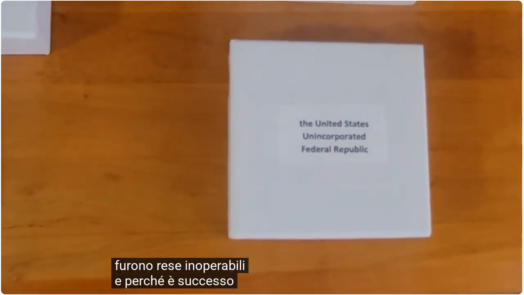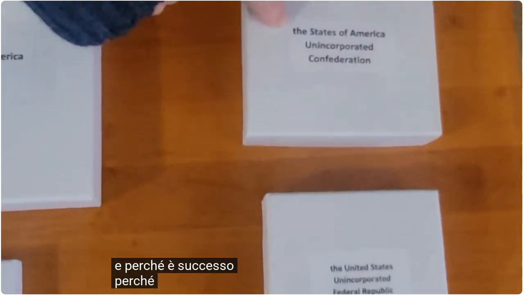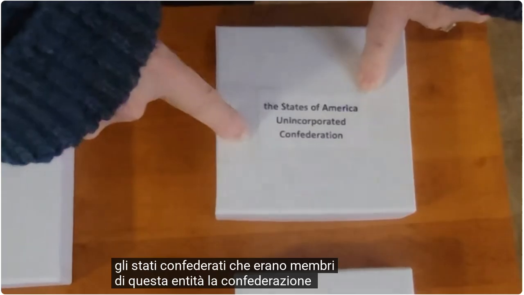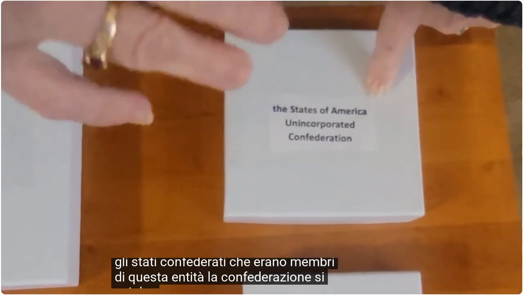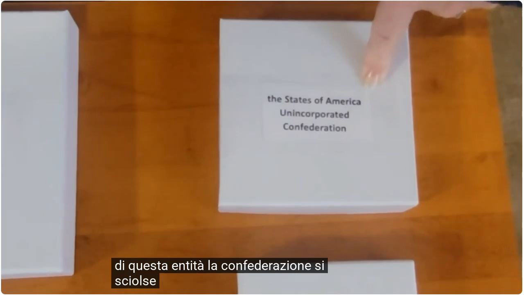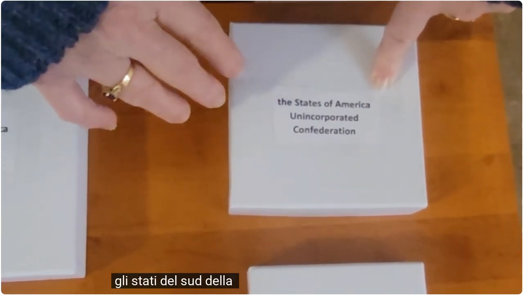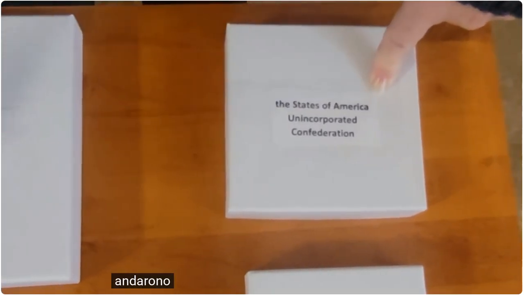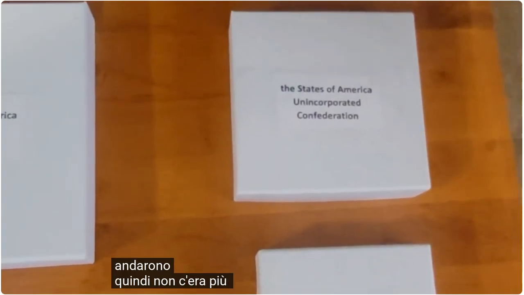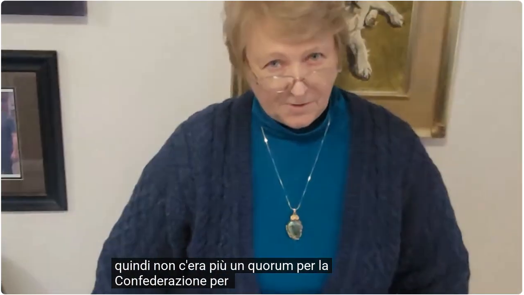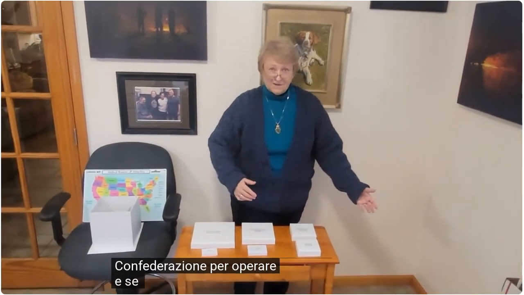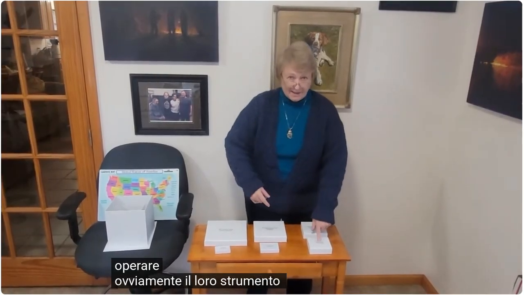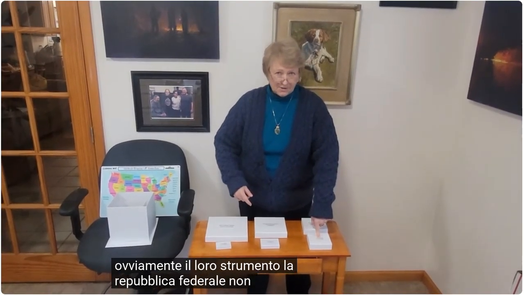And why was that? Because the Confederate States that were members of this entity, the Confederation, broke up. The southern states of the Confederacy walked out. So there was no longer a quorum for the Confederation to operate. And if the Confederation couldn't operate, obviously their instrumentality, the Federal Republic, couldn't operate either.